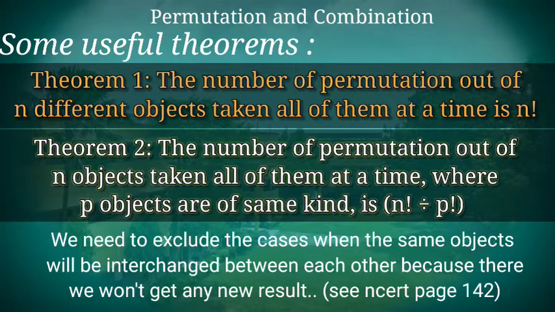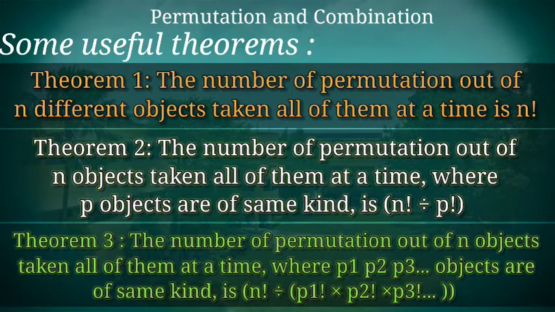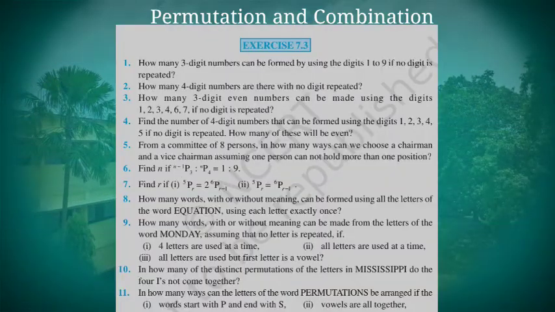So n factorial is the number when we take all n objects at a time, and since p objects are of the same kind, we divide by p factorial. Similarly, if there are more objects of another kind that are also the same, we divide by that factorial too. Now do the sums from exercise 7.3 and let me know if there is any problem.